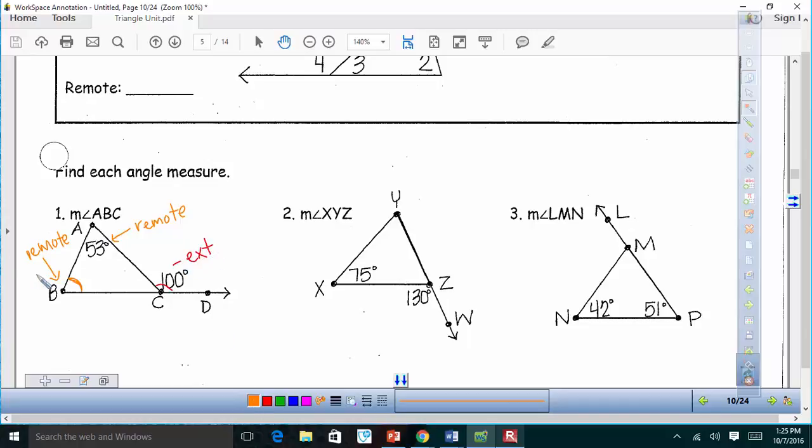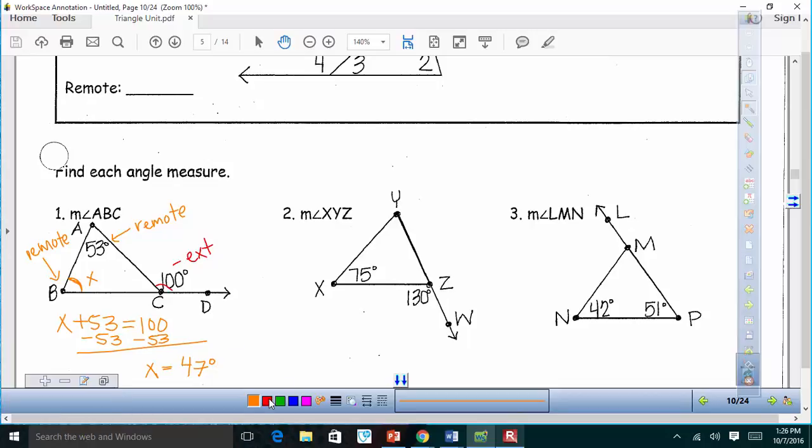Okay, so we don't know what this one is, but I know if I add this remote angle plus this remote angle, it should equal the exterior. So we would set this up as x plus 53 equals 100. Then to solve for x, we would subtract 53. And our angle would be 47 degrees. Does that make sense?